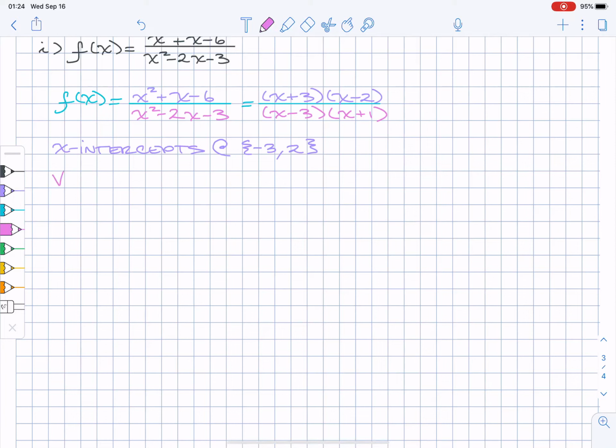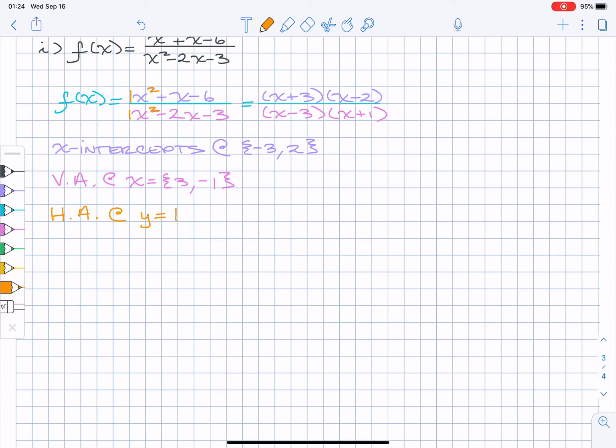I claim that my vertical asymptotes will be at x equals 3 and -1. I claim that my horizontal asymptote will be at y equals 1, since the power is the same, 2 is the highest degree, so it'll be 1 over 1, which is 1.